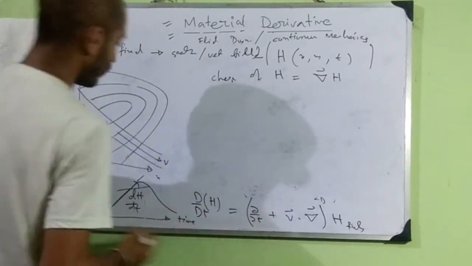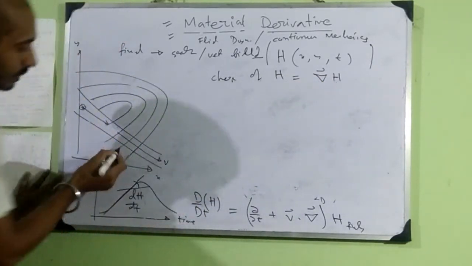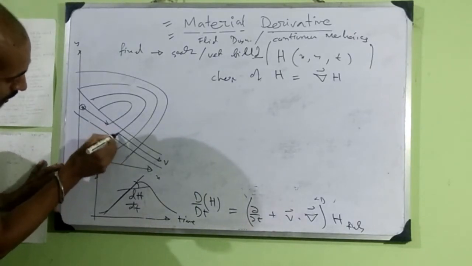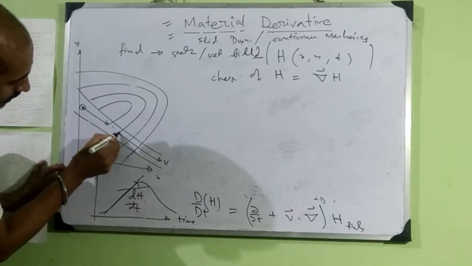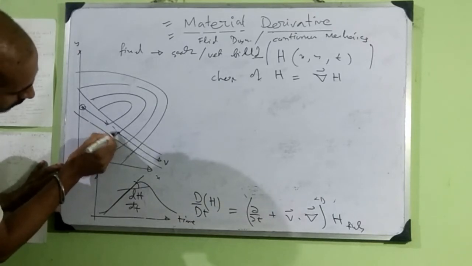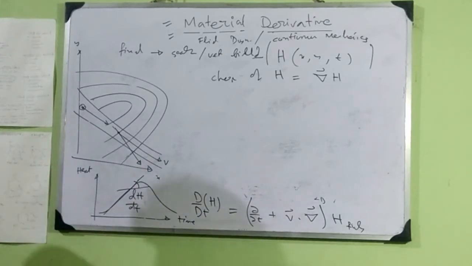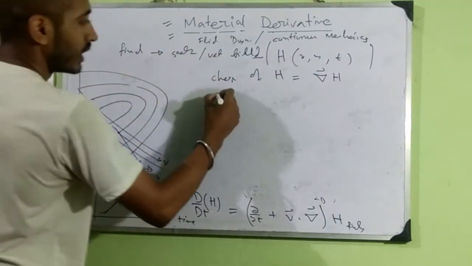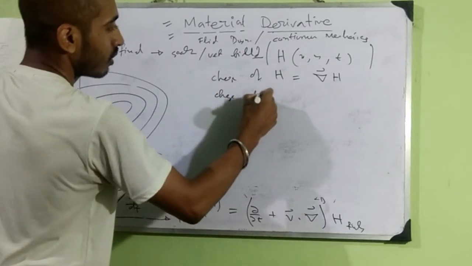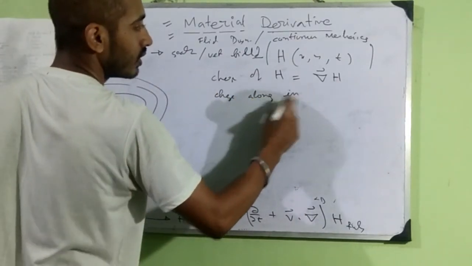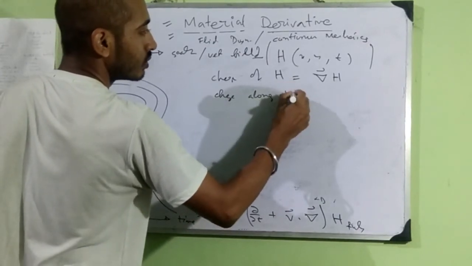This direction will actually be perpendicular to the constant h curves. Perpendicular to the constant h curves. At this point, it is directed towards this direction. Okay, so the change along your direction.